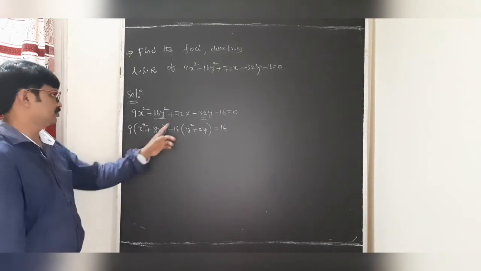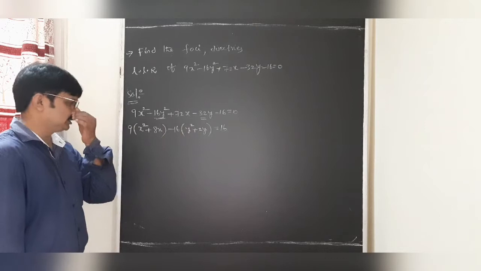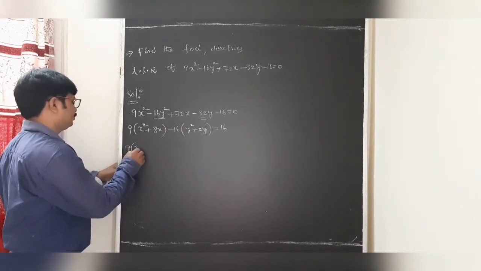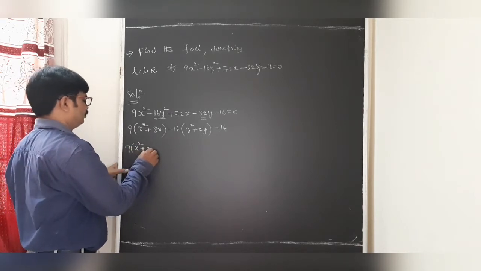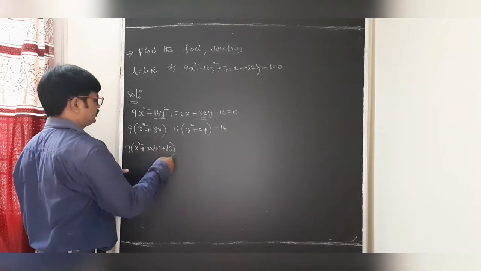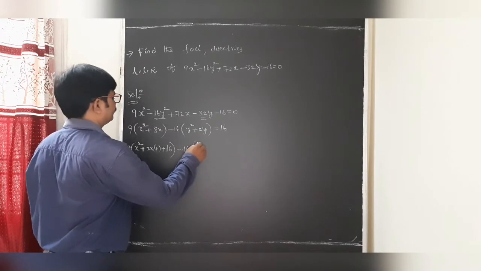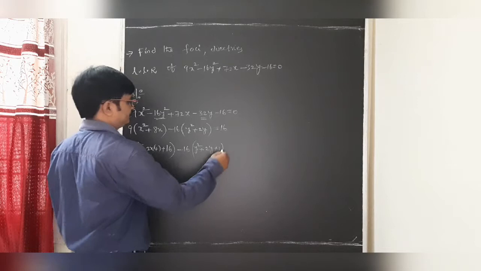What is it, students? 9x square, 9 times 8 is 72. This is minus 16y square, minus into minus is plus. My dear students, this can be written as 9 into (x square plus 2 into x into 4 plus 16) minus 16 into (y square plus 2y plus 1).